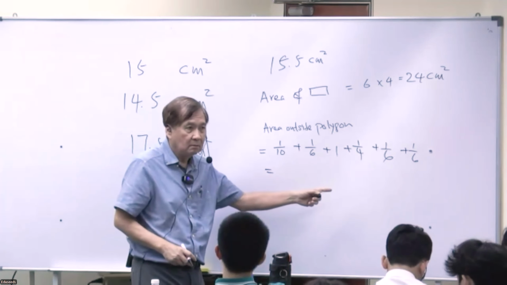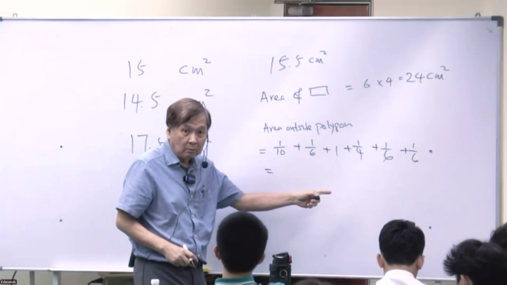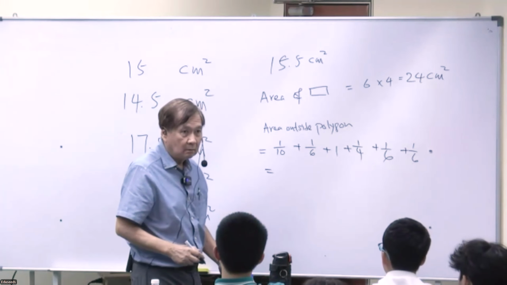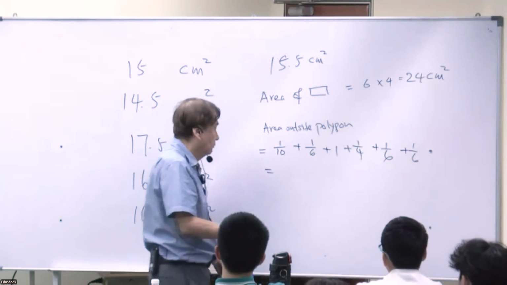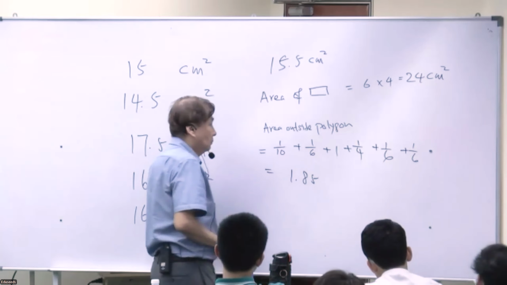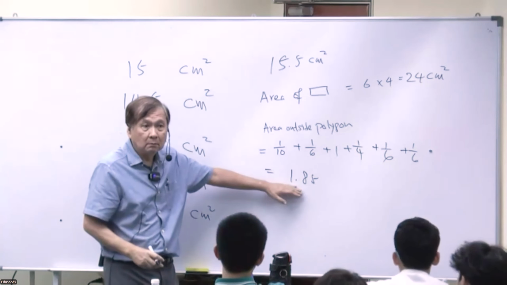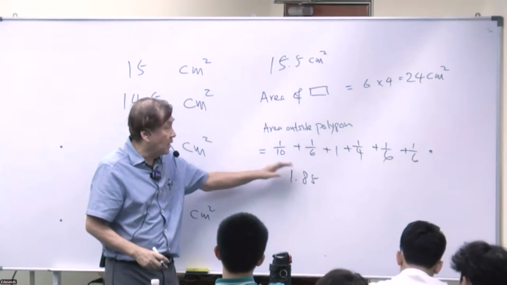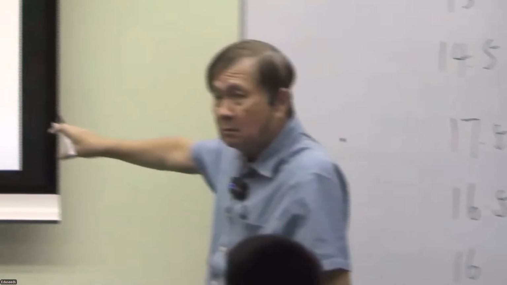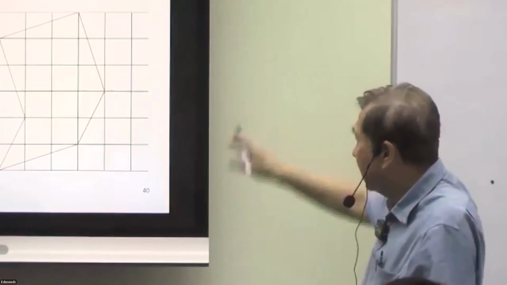What's that? 1 point what? 1.85. Am I right? Yes. So these are all the areas outside the polygons. Am I right to say that? Yes.